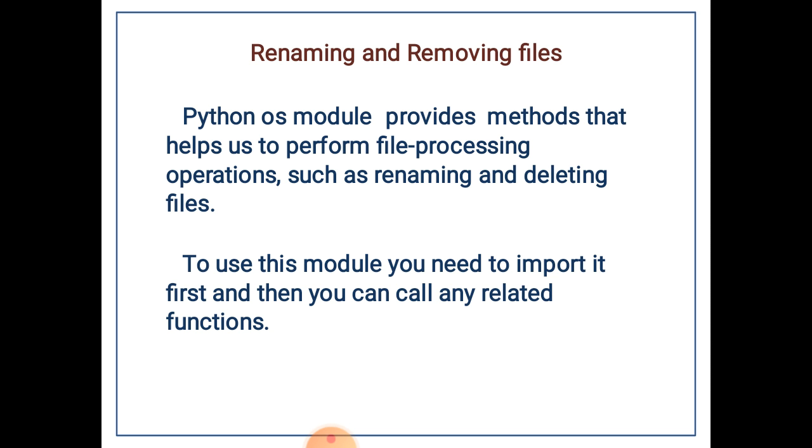So before performing the renaming or removing operations in Python, the OS module has to be imported. Then the rename or the deleting files, removing files are to be performed.